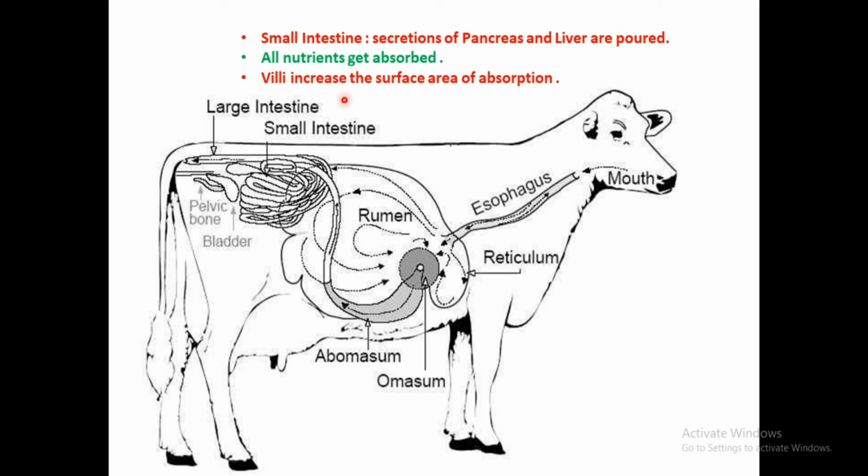Almost all the nutrients are absorbed in the small intestine, and it is in this place that secretions of the pancreas and liver are also poured, so that the digestion is fully completed and the nutrients are absorbed. Now the food travels into the large intestine, and finally it goes out through the anus.